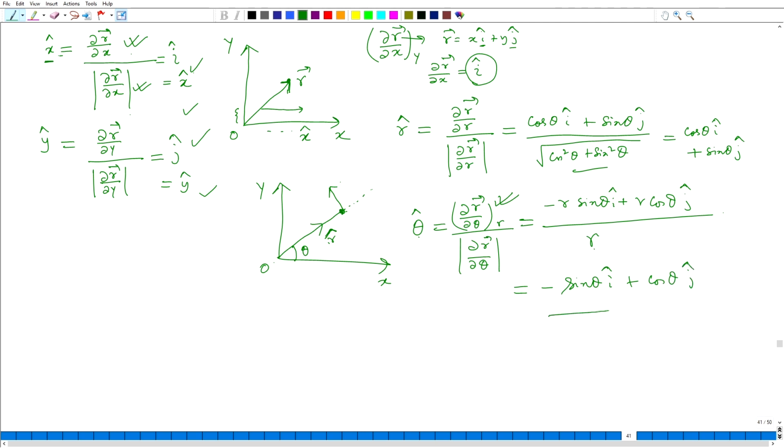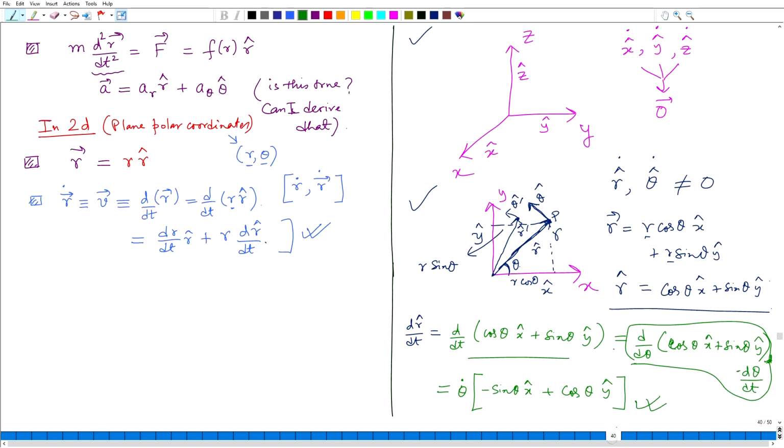You now see this one is your theta cap, minus sin theta i cap plus cos theta j cap, where x and y are synonymous with i cap and j cap, as I told in a previous lecture. So d dt of r cap is nothing but theta dot theta cap. Now you have something very interesting.